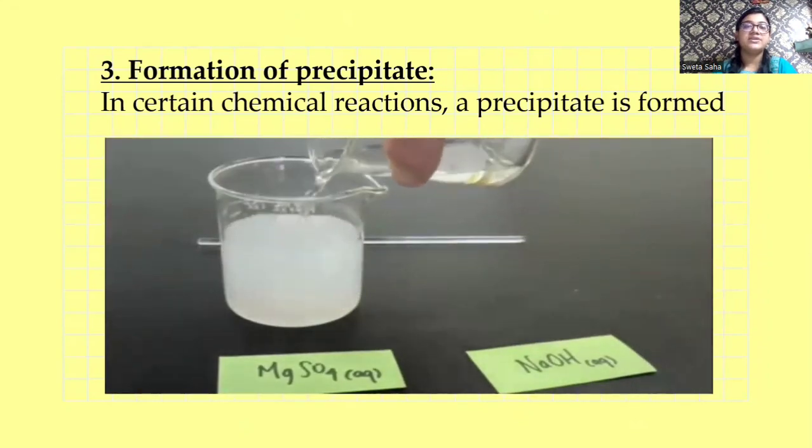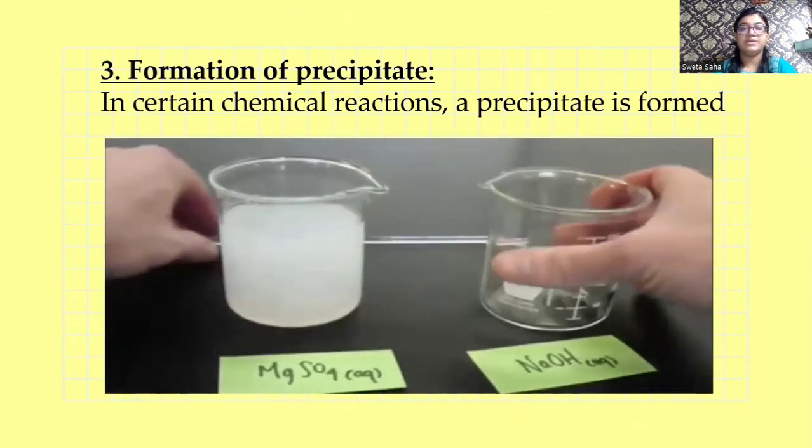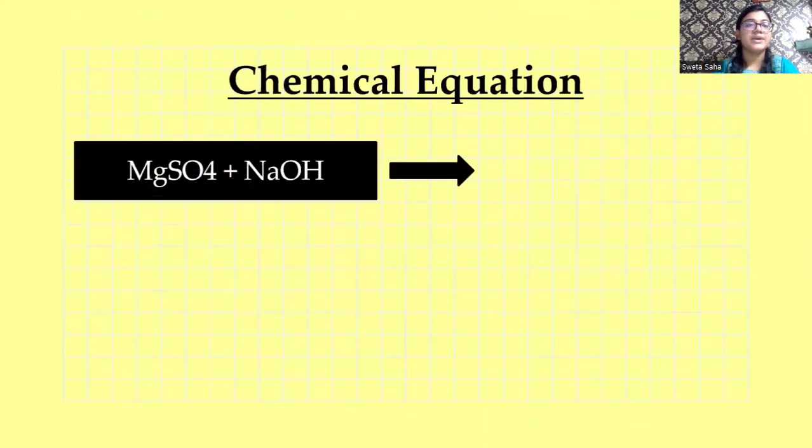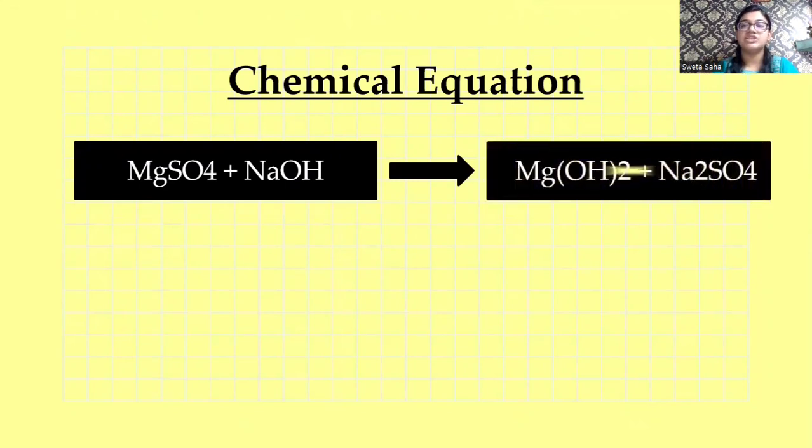There we can see that there is a formation of a white color. In order to understand that event, we have to consider the chemical equation. When magnesium sulfate reacts with sodium hydroxide, there is a formation of magnesium hydroxide and sodium sulfate. Because of the formation of magnesium hydroxide, the white color precipitate is observed.